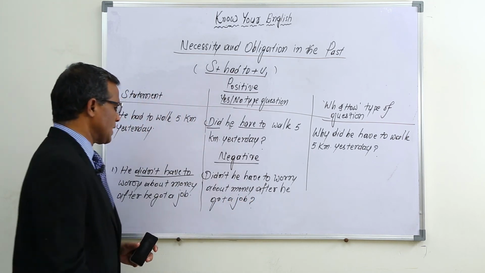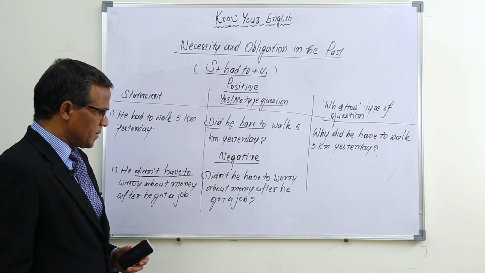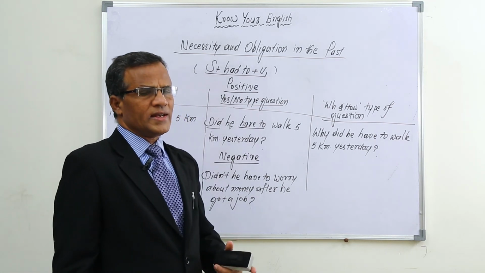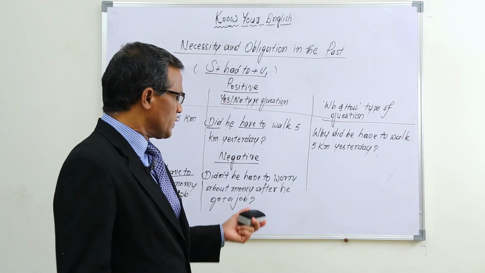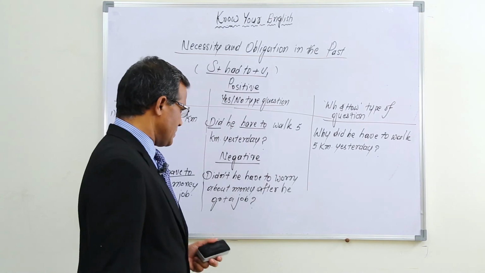It's a question. Didn't he have to worry about money after he got a job? Means, was there not necessity for him to worry about money after he got a job? So that is the question.